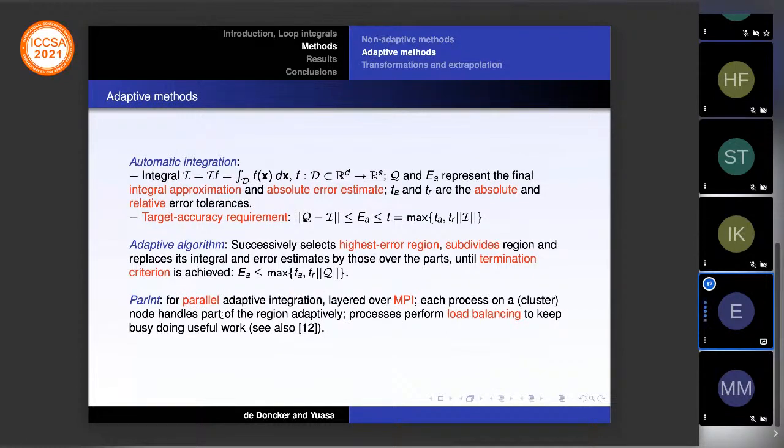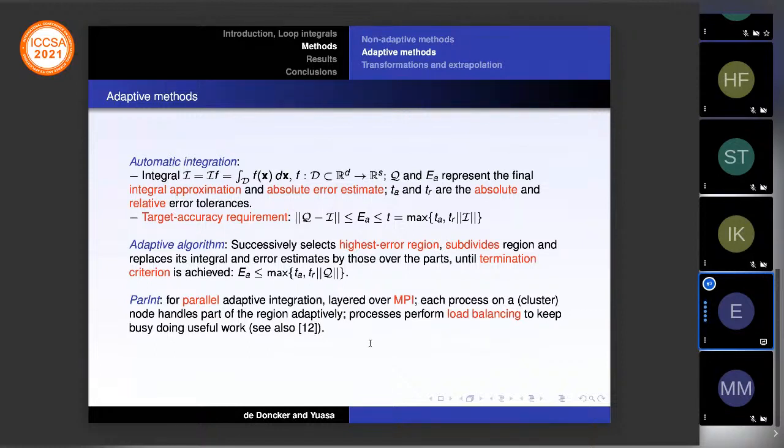For the adaptive methods, we use automatic integration, where the user specifies a target accuracy, and the computation continues until the estimated error falls below the tolerated error. The adaptive algorithm successively selects the highest error region to subdivide.